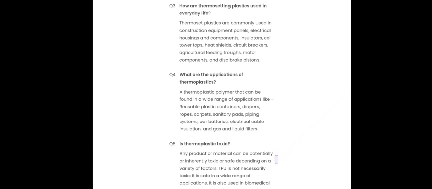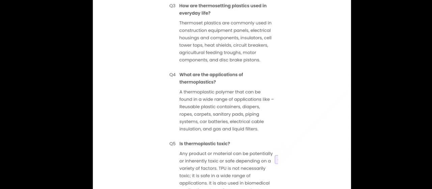And coming to the next question, what are the applications of thermoplastics? The main applications of thermoplastics are: they are reusable plastics, therefore they are used in containers, ropes, carpets, piping systems, car batteries, electrical cable insulators, and gas and liquid filters.